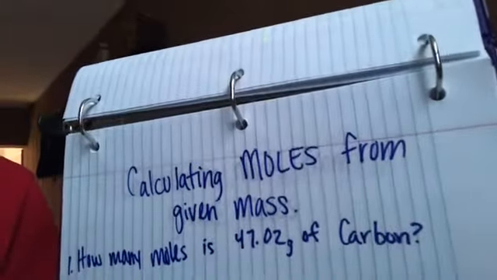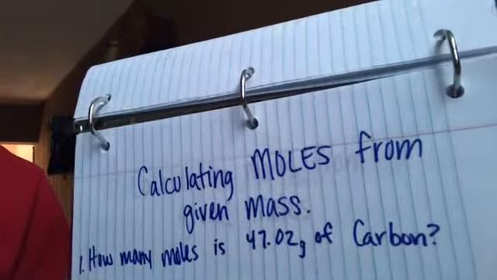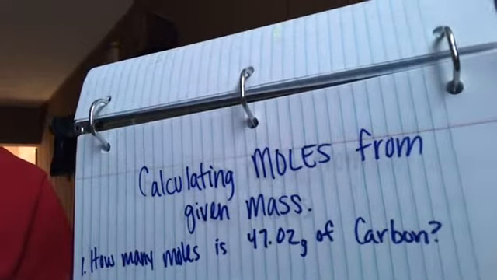In order to calculate the moles for given masses, first we need to find out how many moles are in the element. So the first question we have here states, how many moles is 47.02 grams of carbon?